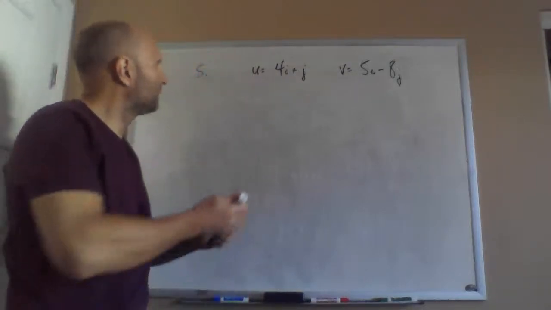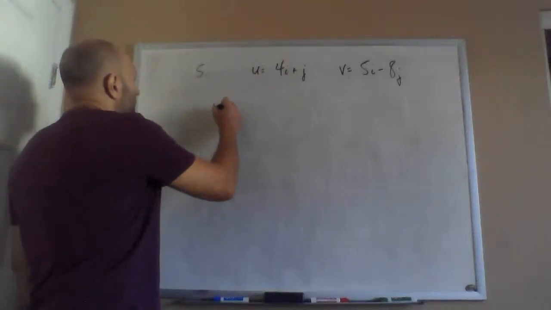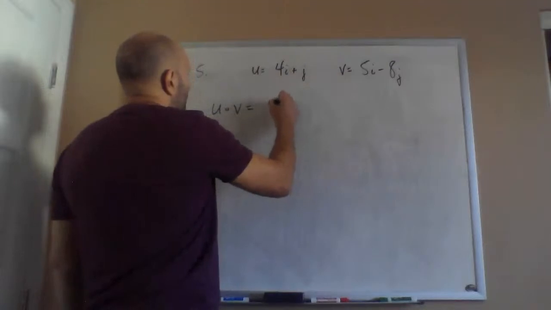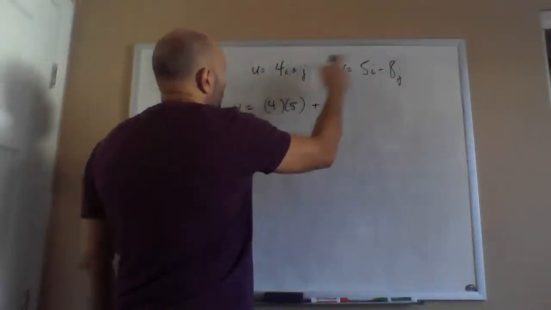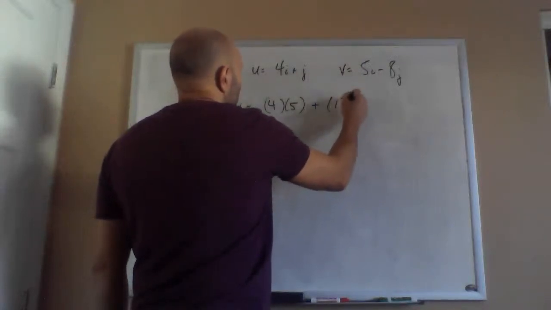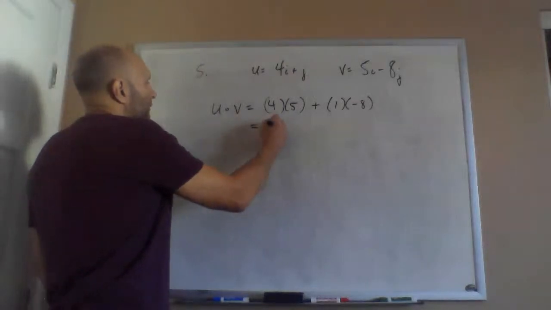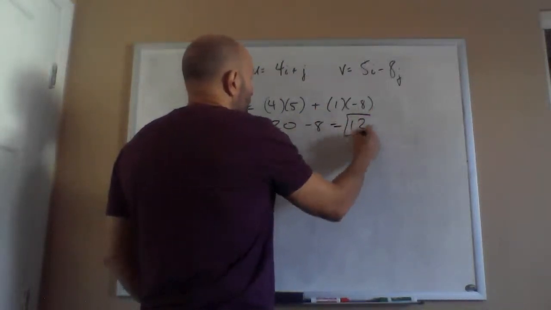All right, so for this one, again, first thing that it wants is the dot product. So we're multiplying the first values, 4 times 5, plus 1 times -8. So be careful with your pluses and minuses here. So we get what? 20 minus 8, so 12.